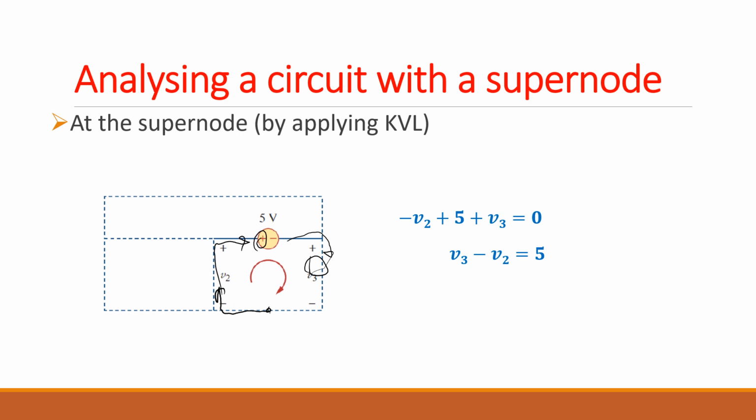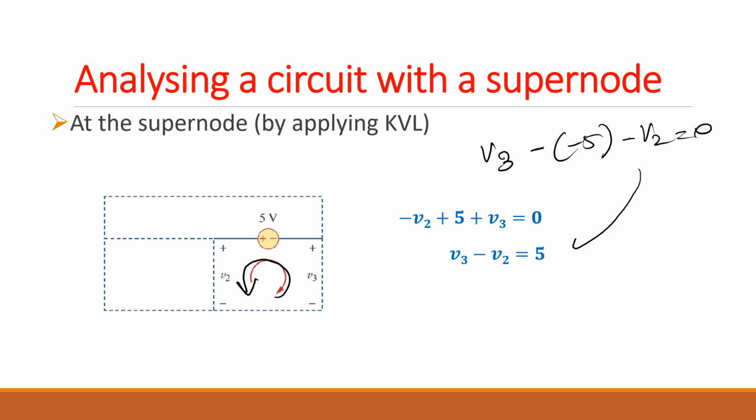Actually, when I was explaining the question, I took the current in the other way, but we still got the same equation. So I considered this way current, so that's why I said V3 minus 5 minus V2 is equal to 0. It doesn't matter which direction you consider the current is flowing, you still get the same equation.